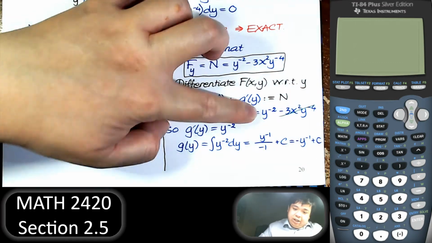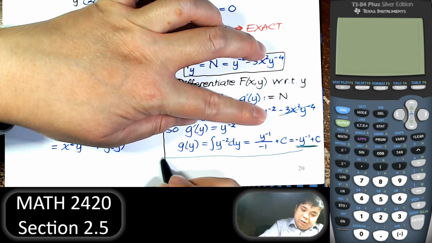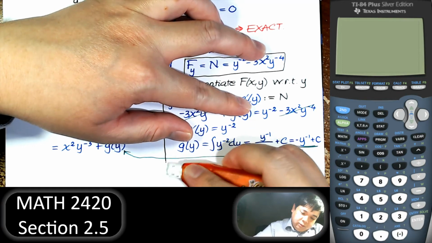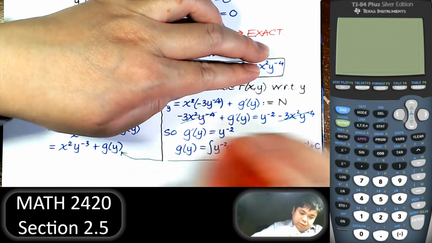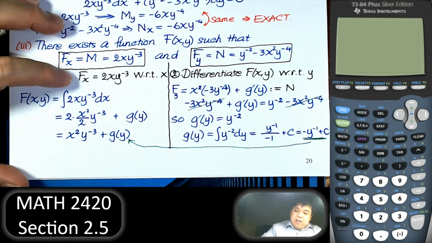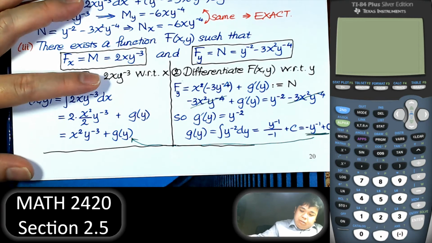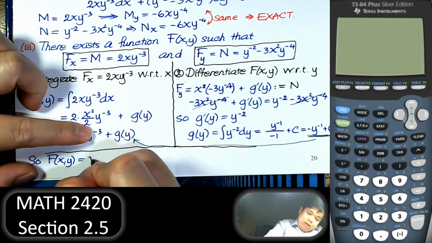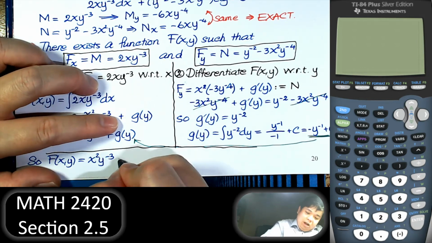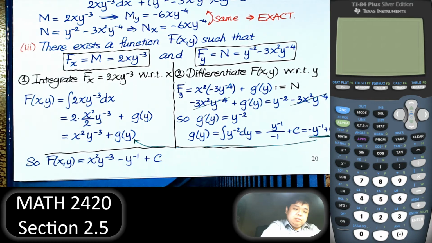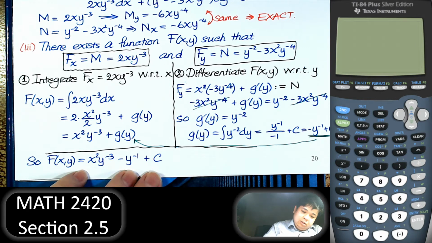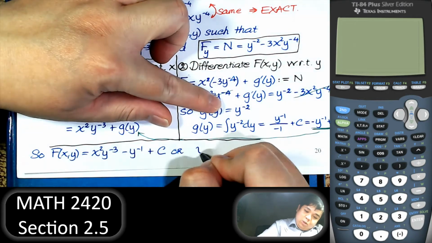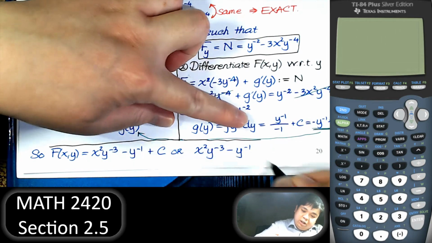And we substitute that into g of y here. So we have f of x, y equal to x squared y to the negative 3 minus y to the negative 1 plus c, or we write x squared y to the negative 3 minus y to the negative 1 equal to c.